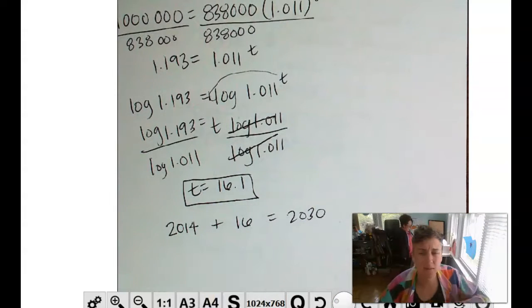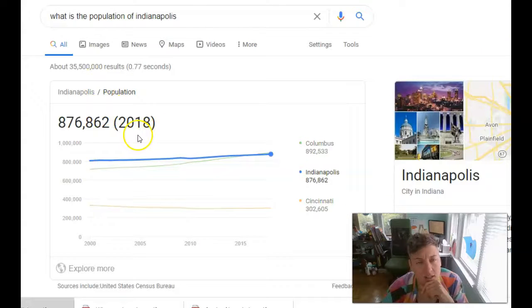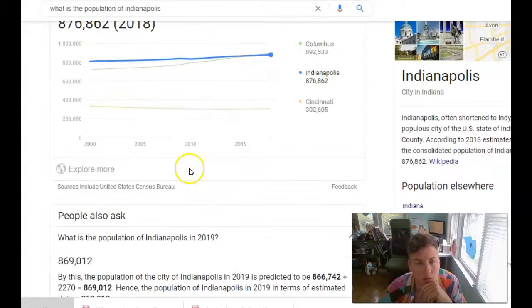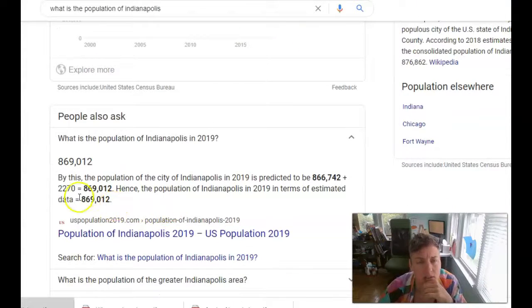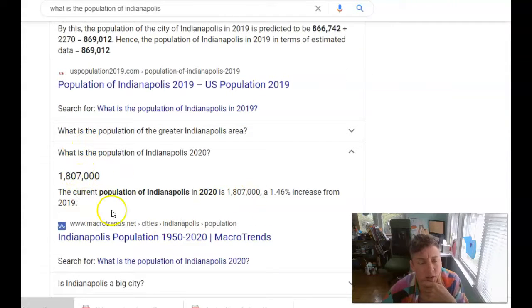How many people do we have right now? Well, let's go ask the internet. The internet says in 2018 we were at 876,000, but that's not what we want. This says 869,000 in 2019 by U.S. population. I don't know what that website is. It says the current population is over 1 million.